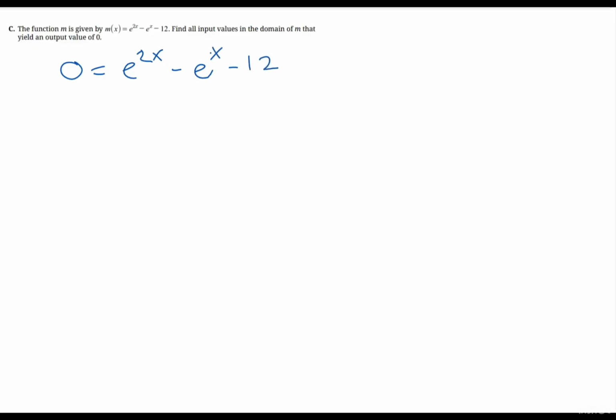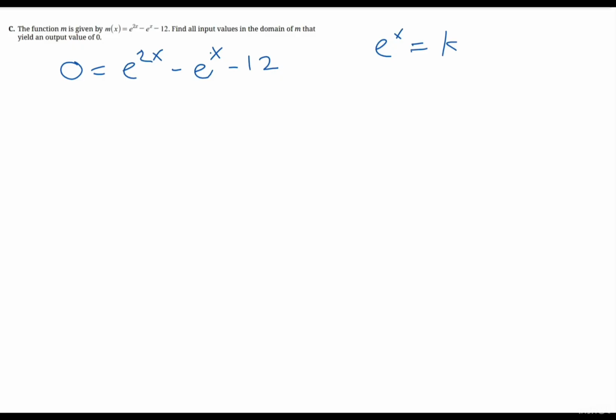Now, compared to the other two, this is slightly tricky, but it's not hard at all. So if I let e to the power x be equal to, let's say, some value k. Now, it's not necessary for you to make the substitution. You could have directly found the roots, but I'll take the substitution because it makes it much easier.